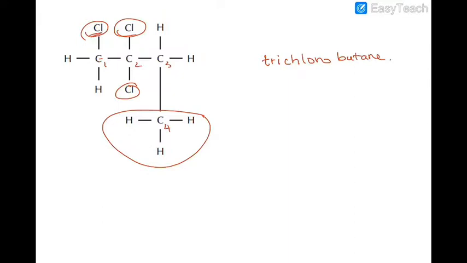So you have 1 chlorine on carbon number 1 and 2 chlorine on carbon number 2. So 1,2,2-trichlorobutane. Numbers are separated by commas. Numbers and letters are separated by hyphens.